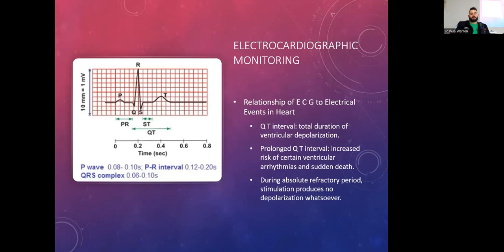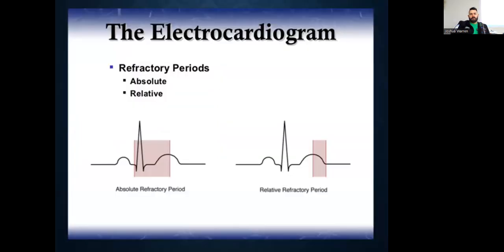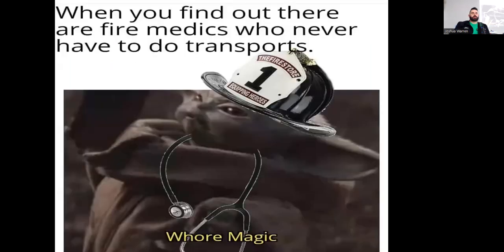So, QT syndrome. We talked about the refractory periods. Somebody explain to me what the absolute refractory period is. Ventricular repolarization. Okay. So the repolarization of the ventricles during the absolute refractory period means what?